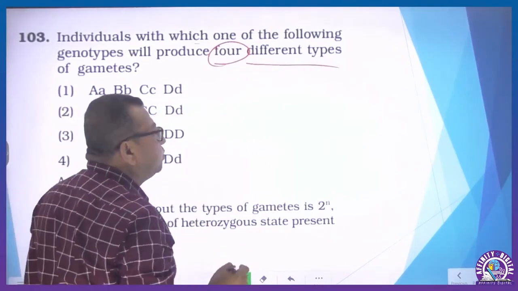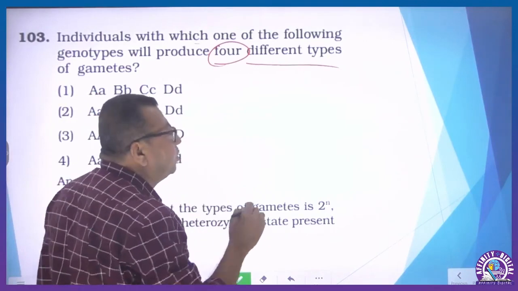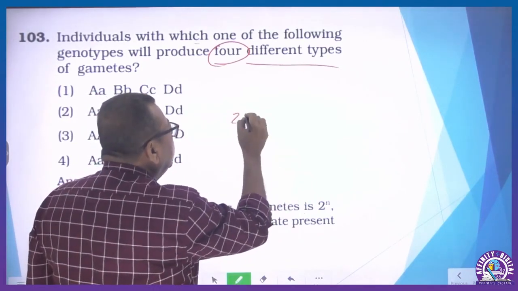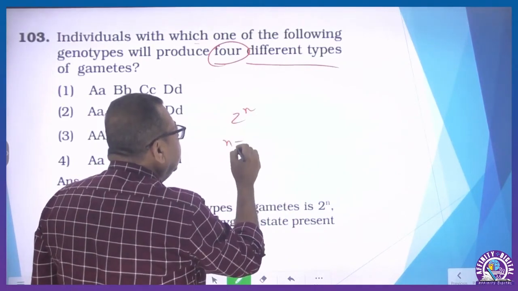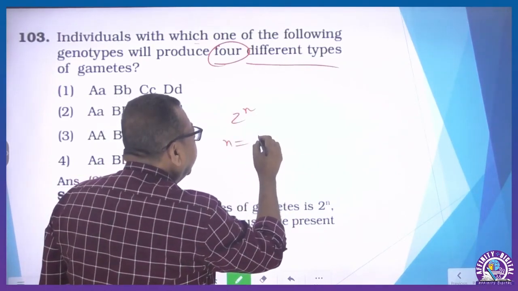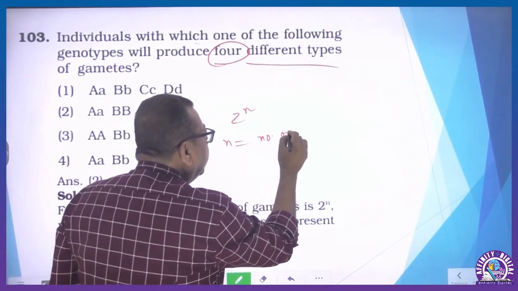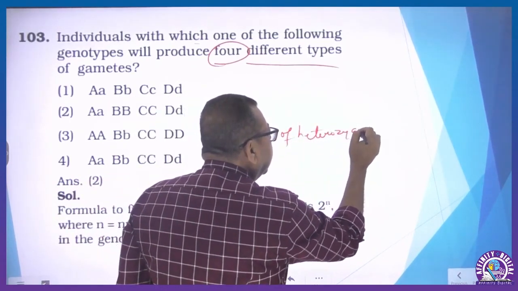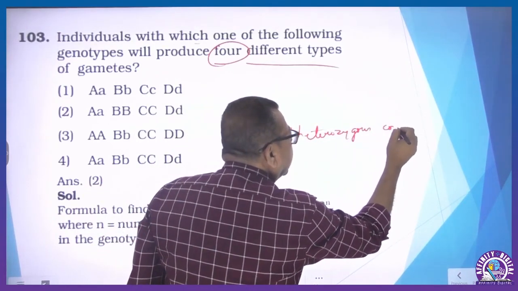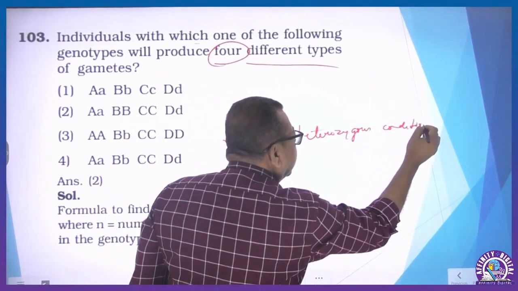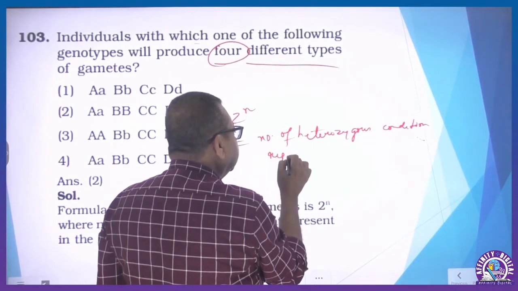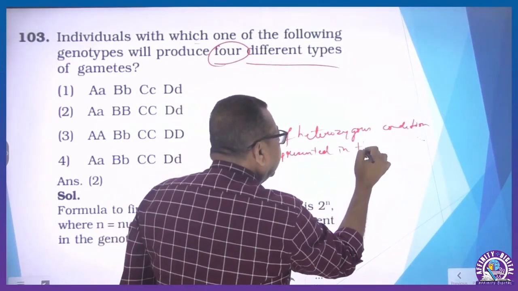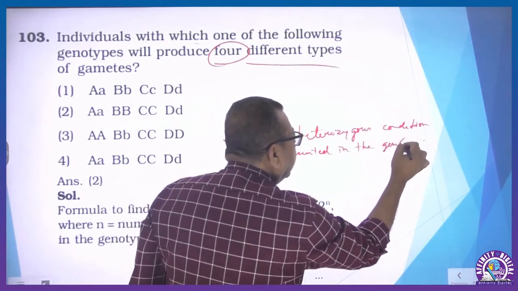There is a formula to find out the different types of gametes produced by the individual: 2 to the power n, where n is the number of heterozygous conditions represented in the genotype.